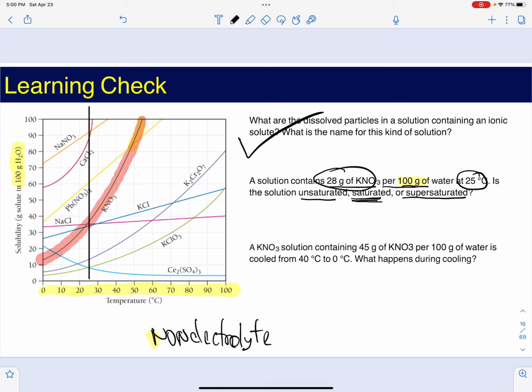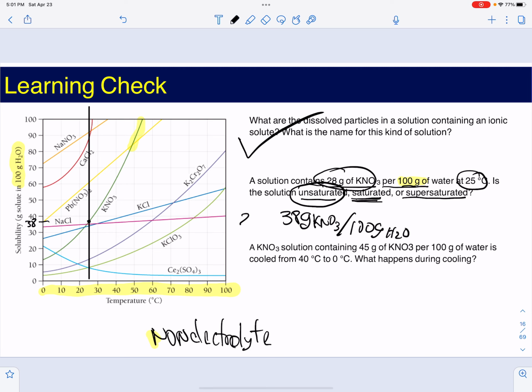And according to this curve, at 25 degrees Celsius, around 38 grams of potassium nitrate can be dissolved. So you can dissolve 38 grams of potassium nitrate in 100 grams of water.